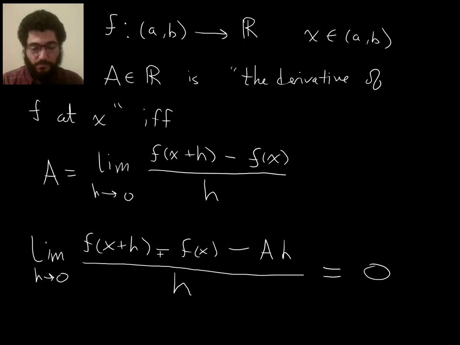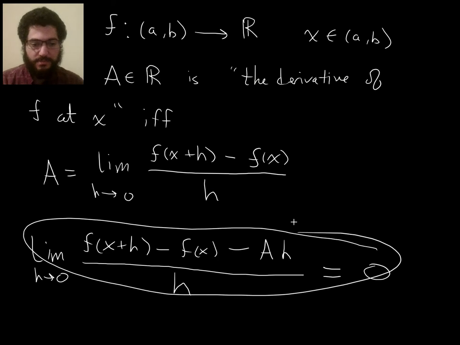So all I've used basically is the algebraic limit theorem to rewrite this. This here is true if and only if what's written below here is true. And so you could take the definition of derivative to be this. f has a derivative at x, and that derivative is capital A, which is a real number, if and only if this limit statement holds.